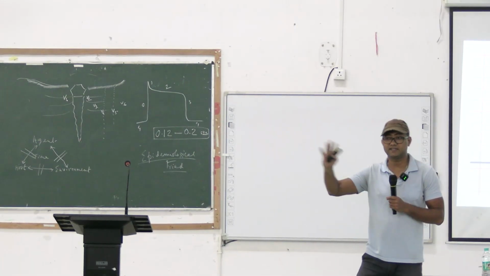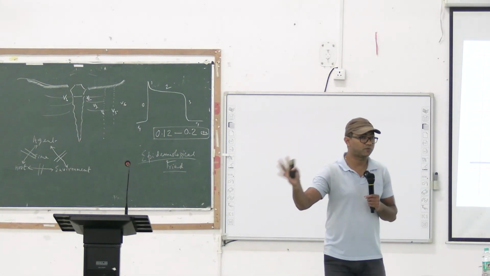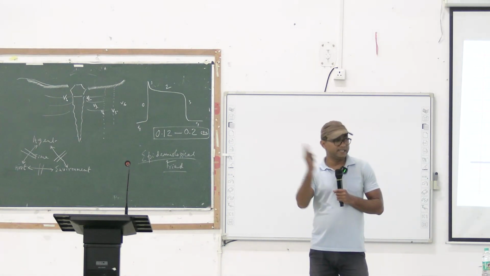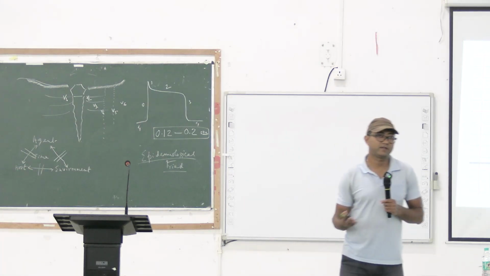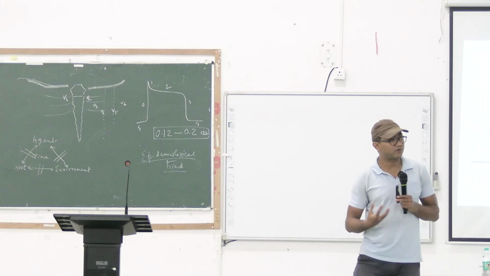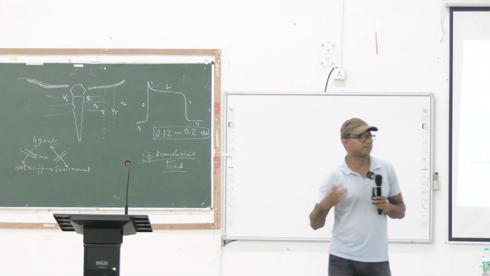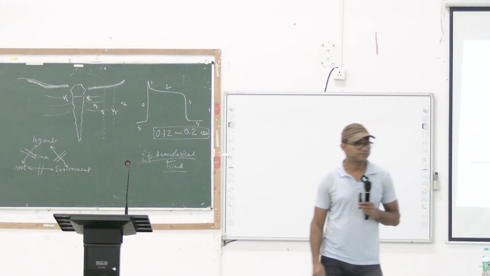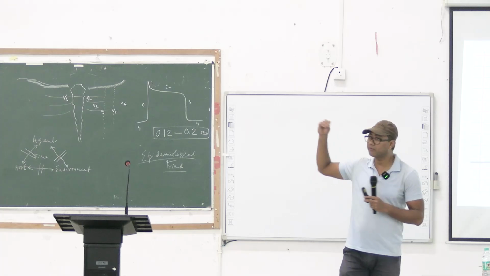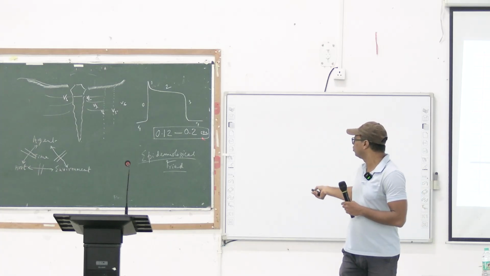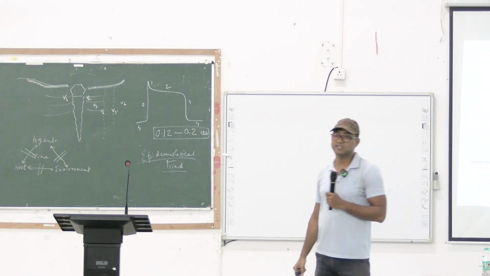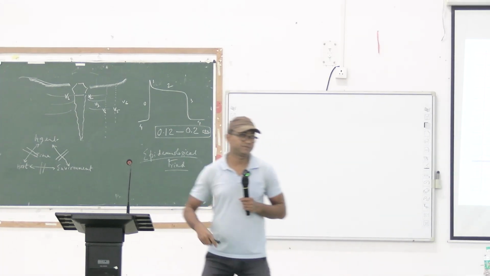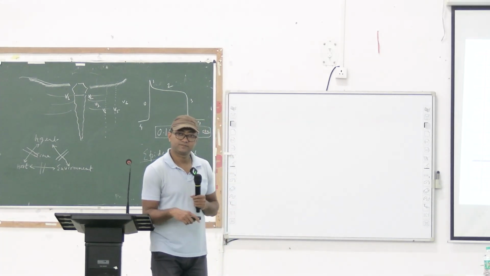So, PR interval is essentially 3 to 5 small squares. If it is less than 3 small squares, we will call it short PR interval. Okay. That means waves coming faster than what it is supposed to, right. And when PR interval is more than 0.2 second, that means more than 5 small squares, we call it long PR interval. Clear?